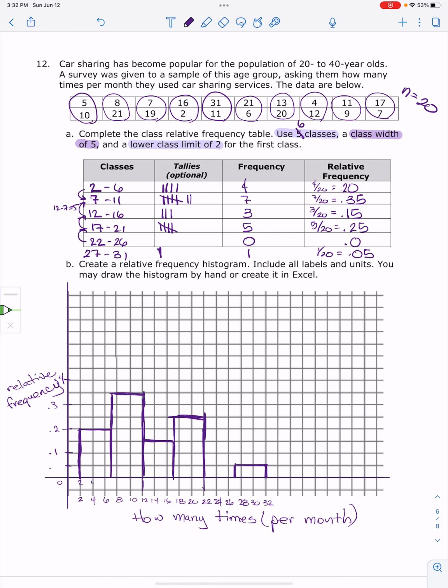Notice each of these bars is the same 2.5 blocks wide. All of our class widths have to be the same. And there are the ends labeled.